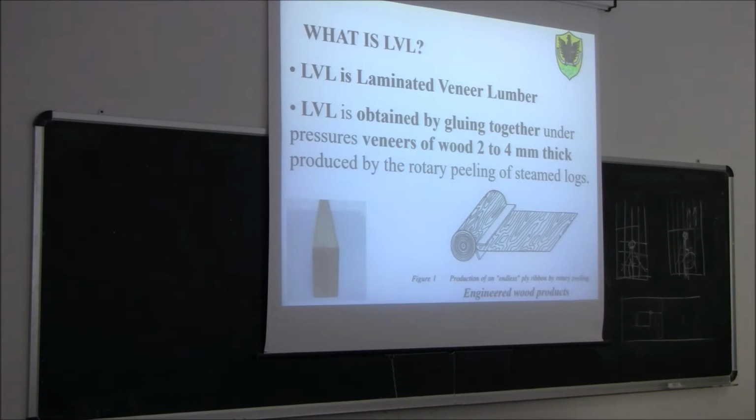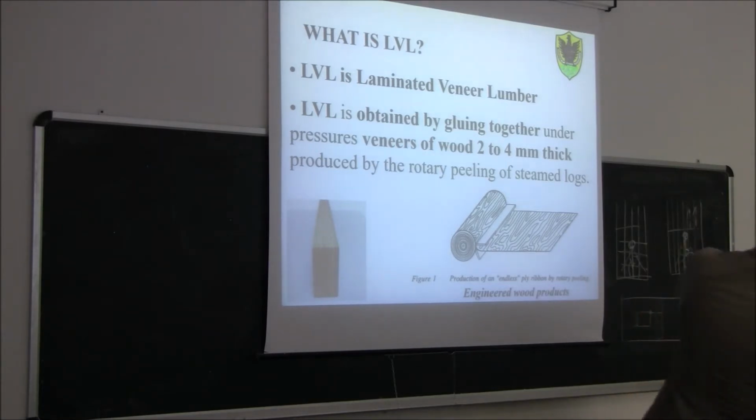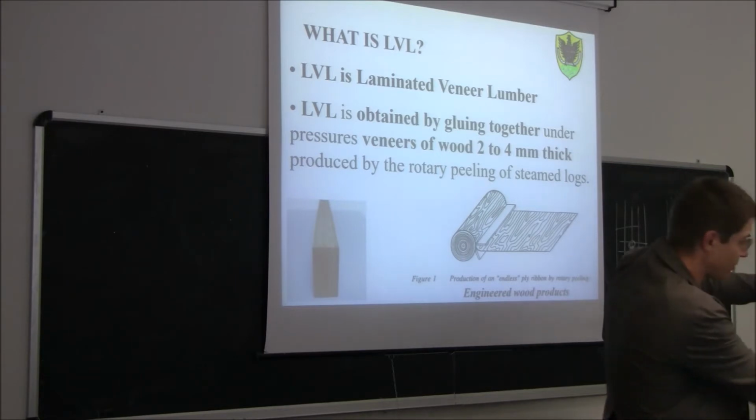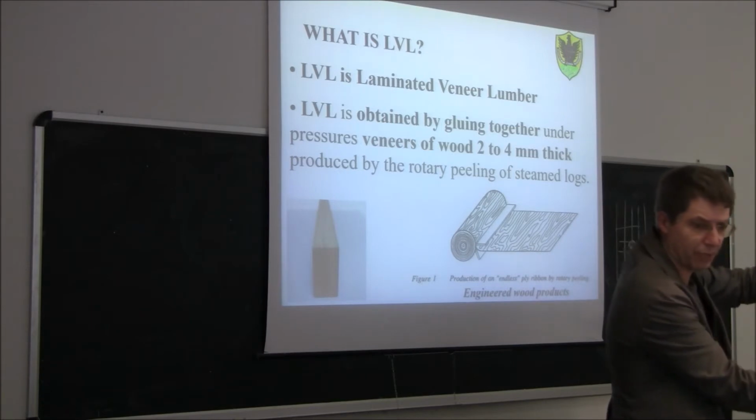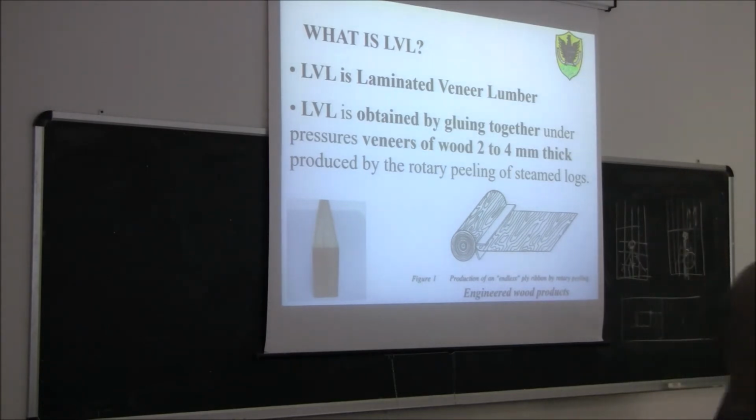So the veneer is basically this kind of thing. Originally, this was in the trunk. This was rounded in this way, and then it became like this. Now I will also pass it around to you, but the very interesting thing to notice is the different stiffness.